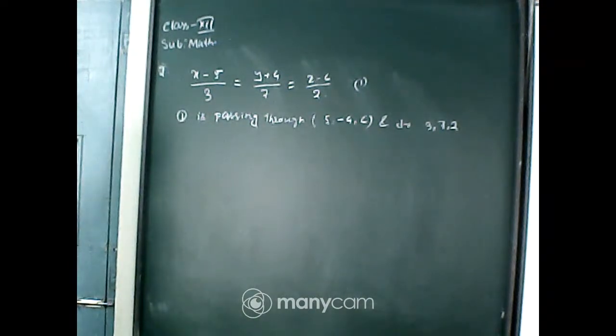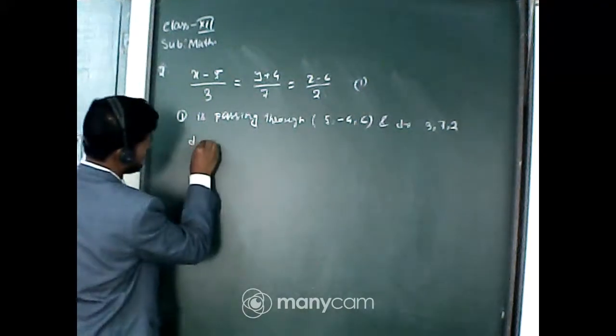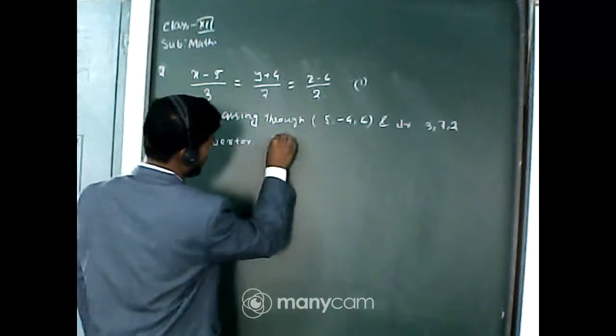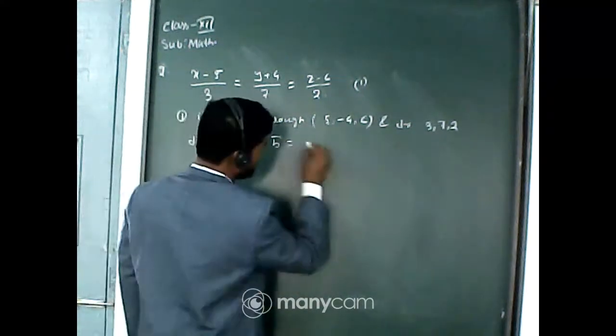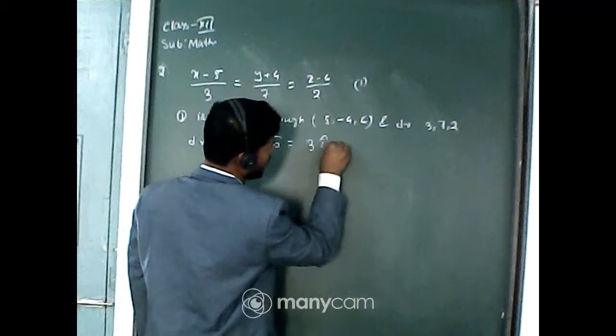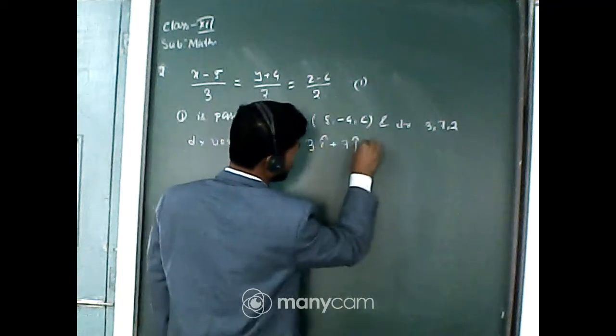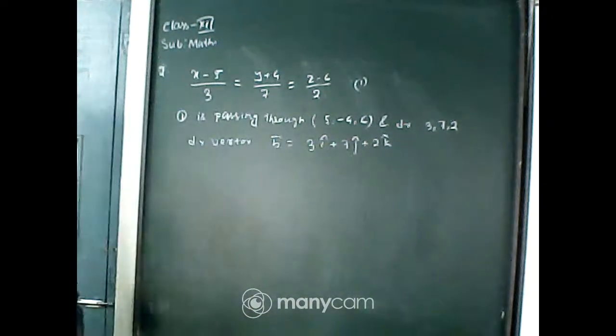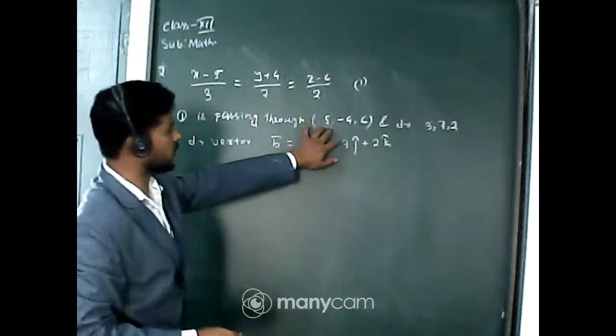The direction ratio vector, that is the b vector, will be 3i cap + 7j cap + 2k cap. And a point on the line is (5, -4, 6).